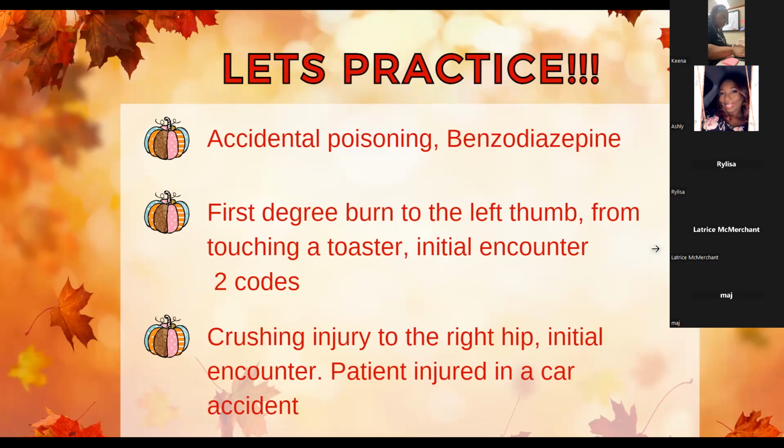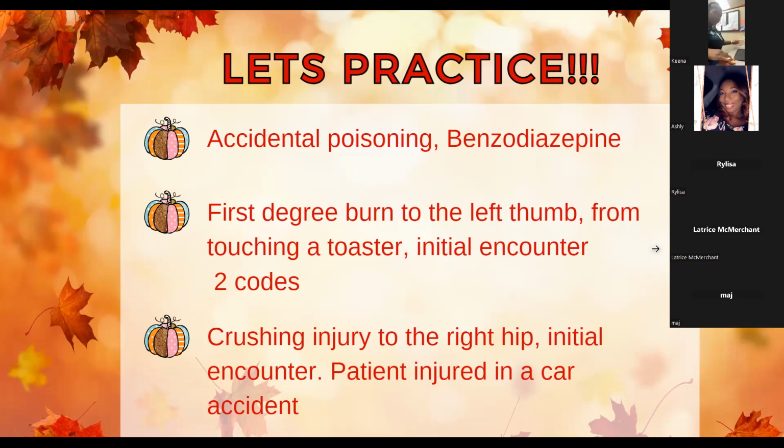And it says the section heading on that, burn and corrosion of wrist and hand. So somewhere in this section, and it's several pages long, it's pretty long. There's a lot of different digits, multiple digits, different degrees of burn, things like that. So it's a pretty big section. But our alphabetic index brought us to T23.12.